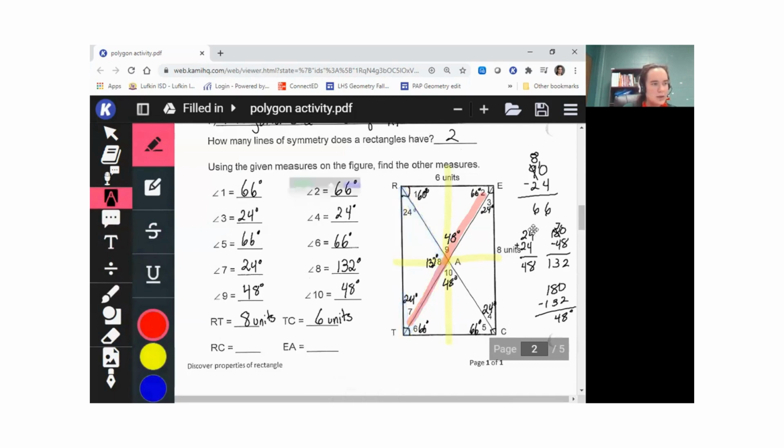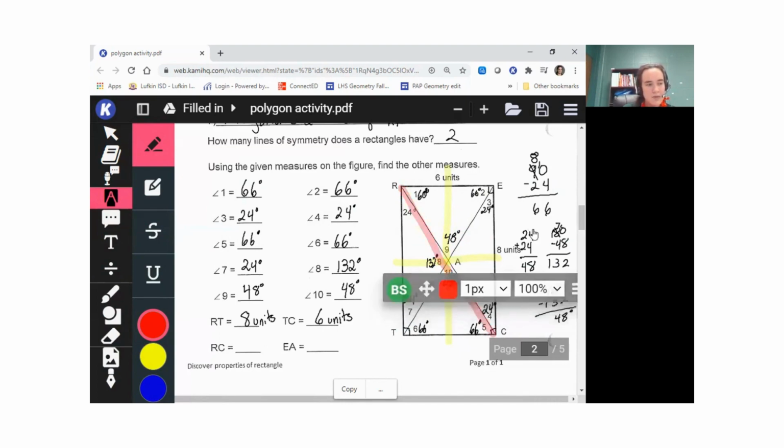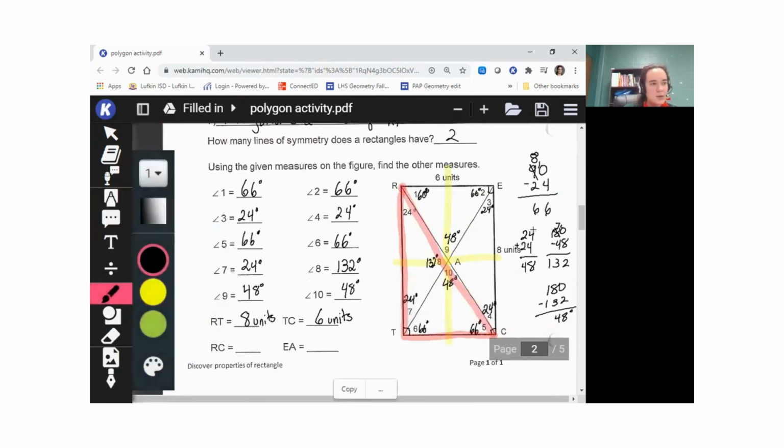Now we are looking for RC. RC is our diagonal here. Now notice that that diagonal is cutting our rectangle in half and forming a right triangle. And we know the two sides of that right triangle are 8 and 6, so we can find our hypotenuse using what?